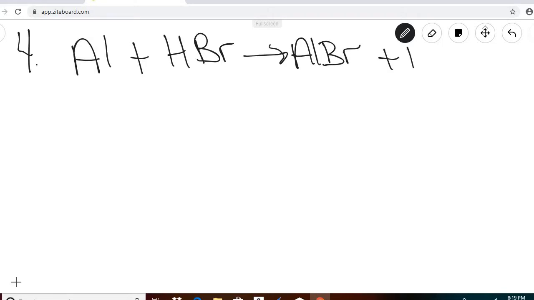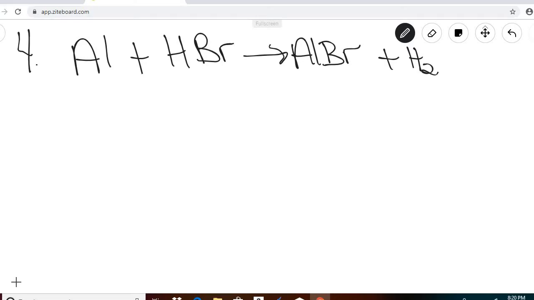You know hydrogen is a homonuclear diatomic, so that needs to be H2. But then let's go back to the aluminum bromide, and you should recognize that as an ionic compound.